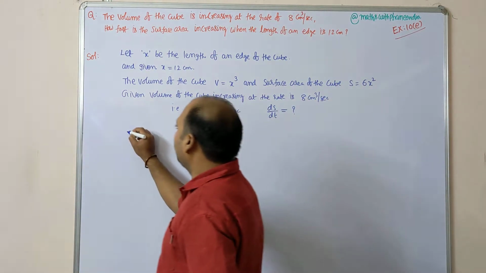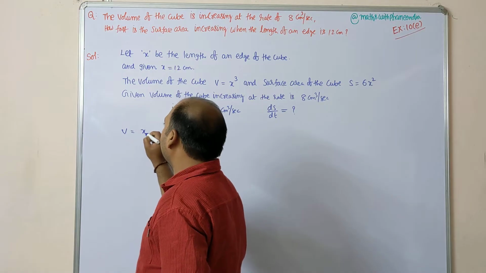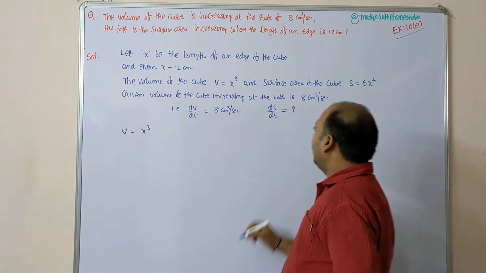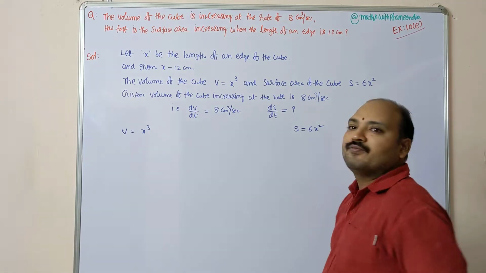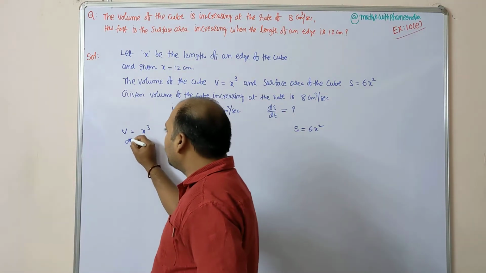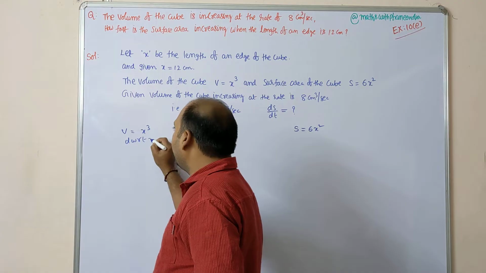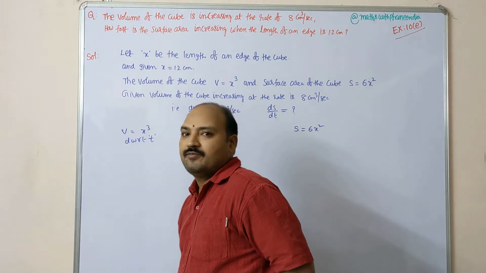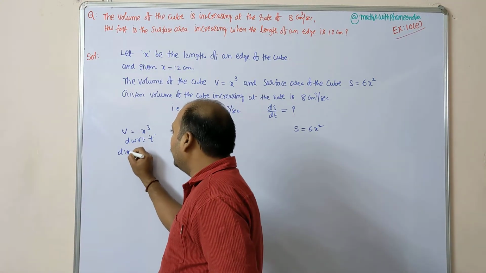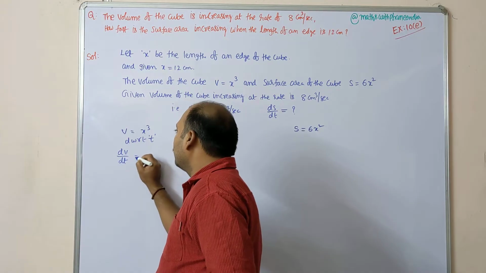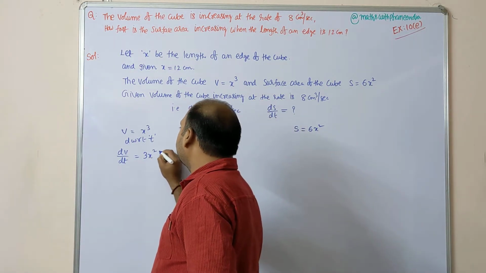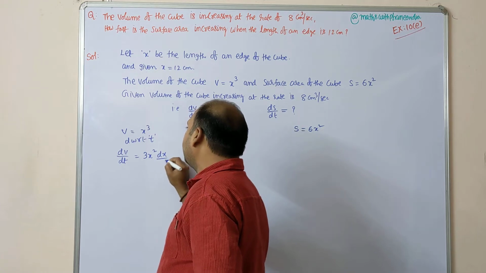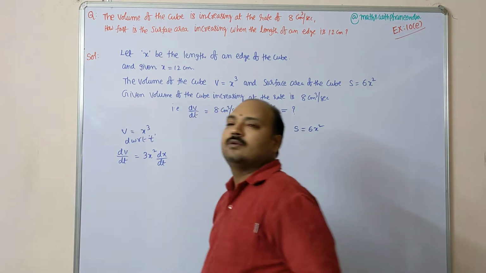So first, what we have to do is V equal to x cube and S is equal to 6x square. Differentiate with respect to t, time. dV by dt equal to, so x cube derivative is 3x square, and again x's derivative with respect to t is dx by dt.